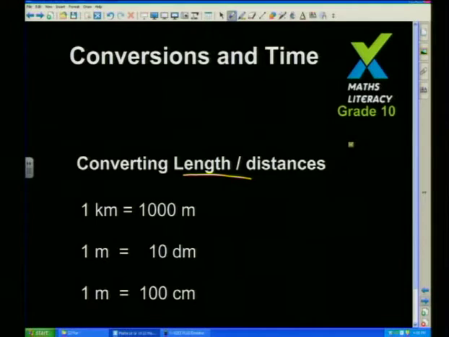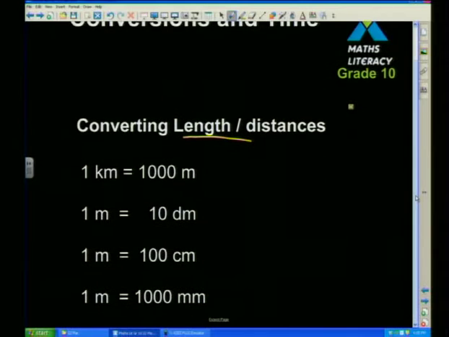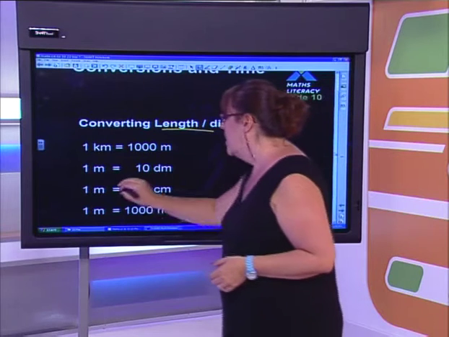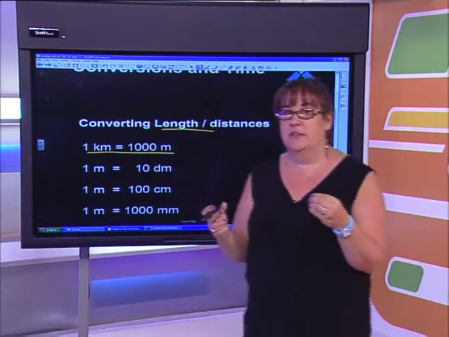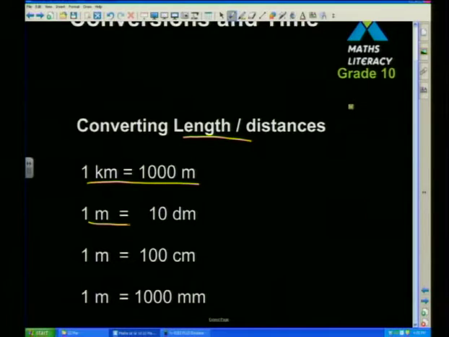The important measurements for us to remember are, right, millimeters. I actually want to change this. We've got 1 kilometer is 1,000 meters. 1 meter is 10 decimeters.